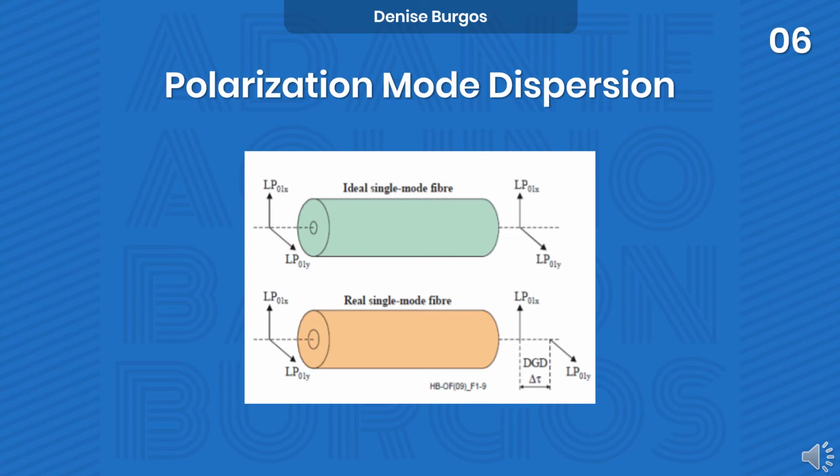Pulses with different polarization orientations can travel at different velocities in different parts of the cable, which is caused by bending and other distortions. It is measured in picoseconds, which does not affect pulses at rates under 5 gigabytes per second. Above 10 gigabytes per second, specifically in long haul ones and in MANs, PMD is noticeable.